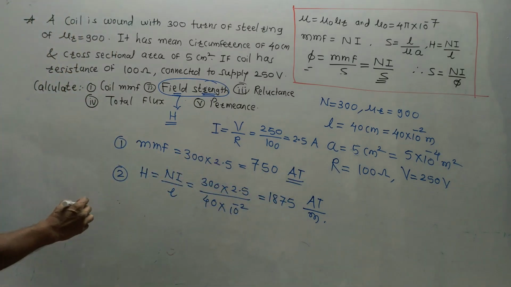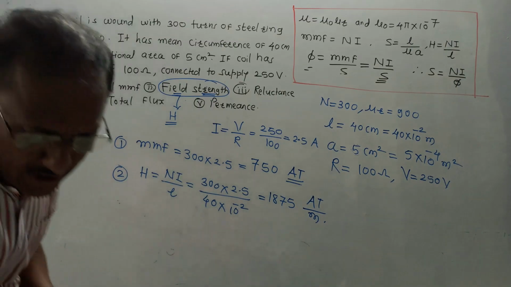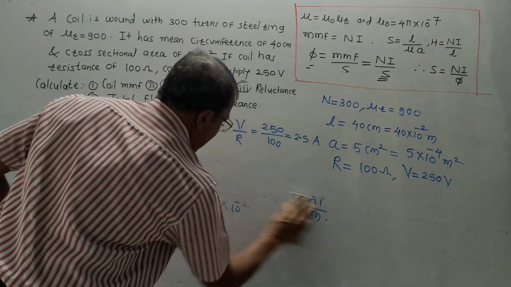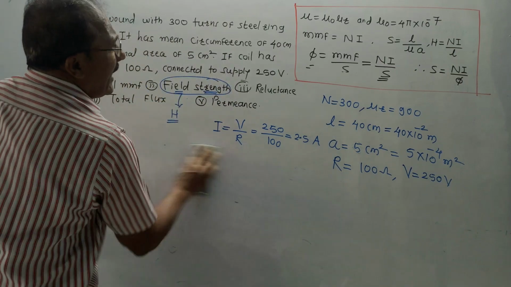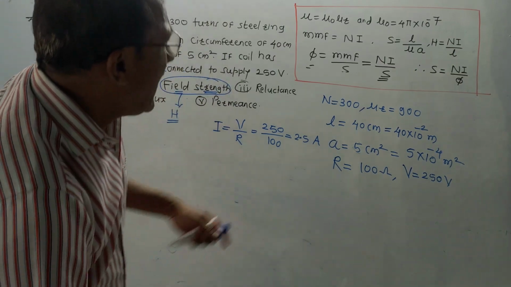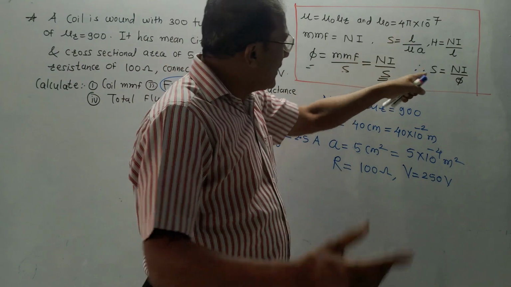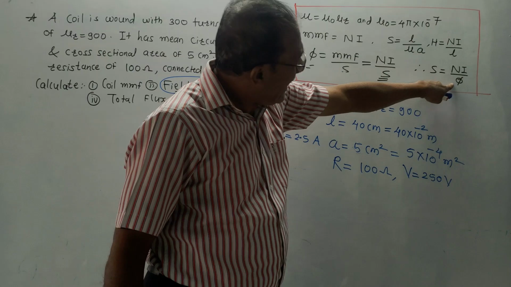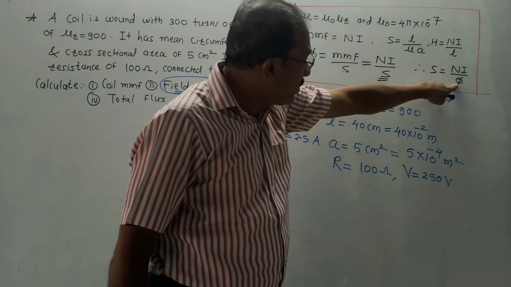Third calculation is, it is asked to calculate the reluctance. Now, how to do the calculation of reluctance? Again, check the available formulae. I can use this formula. Why not the other formula? To make use of that formula, I need to know the value of flux. Flux is not given.